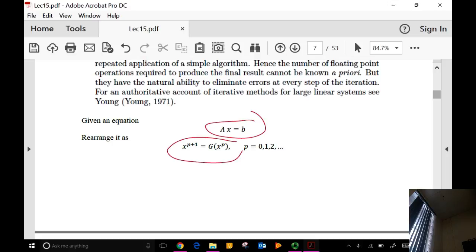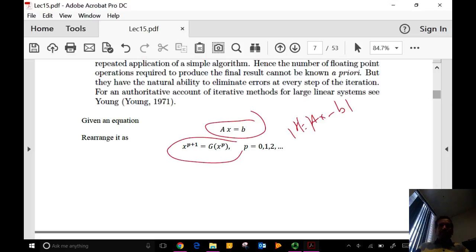That's going to be our initial guess when p is equal to 0. So if you give me this, through some function g, I will be able to calculate x1. Then put it back in here, x1, and calculate x2. Put it back in here and calculate x3. Iterate that. How many times? We don't know until convergence is reached, until the residual, the r vector, is below a certain value. So r is ax minus b, the norm of that vector.